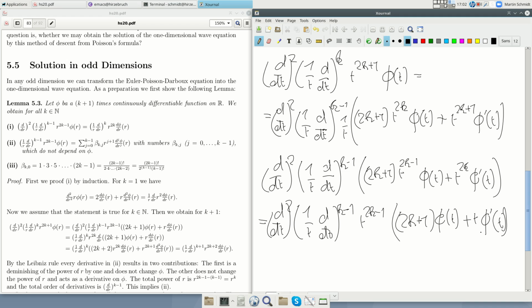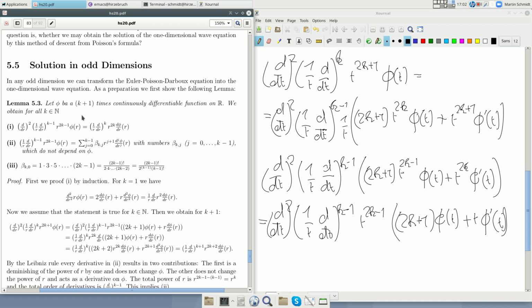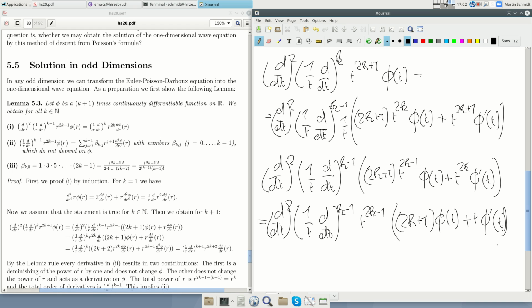Okay, and now we can apply this formula because we know that this formula holds, of course, for all functions. Let's call this phi tilde of r.